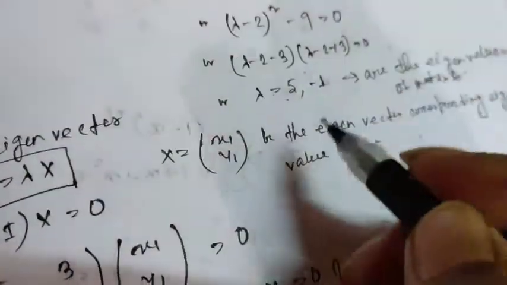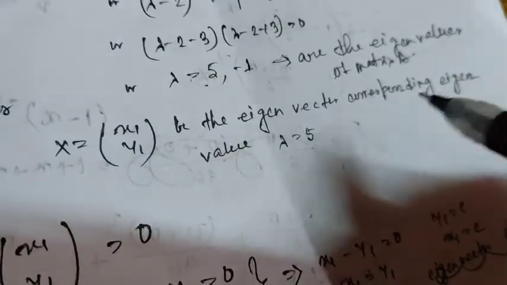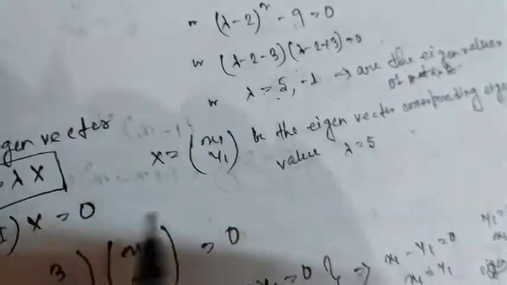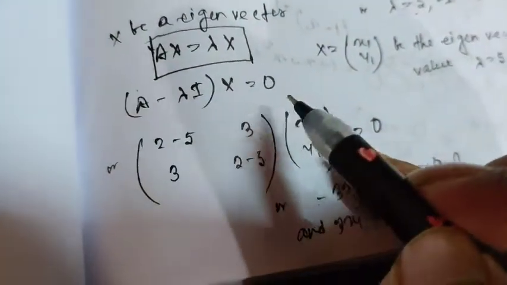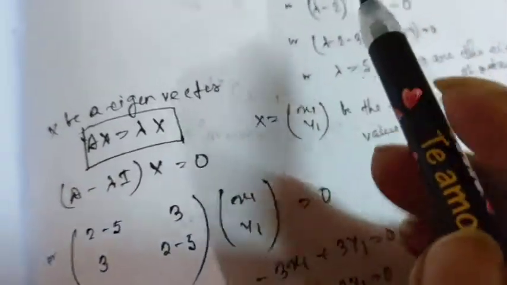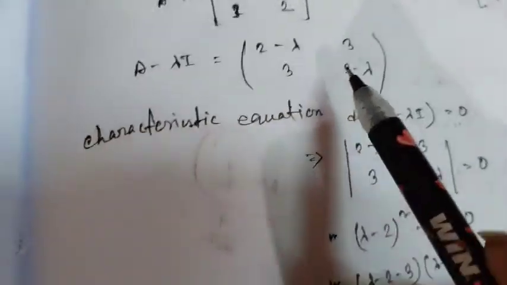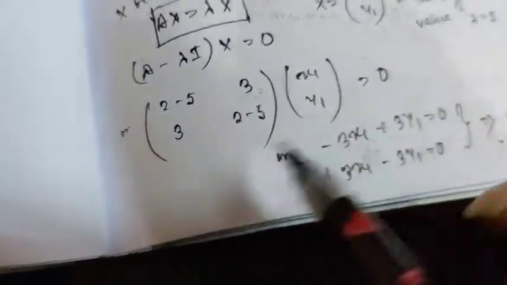Here we take x is equal to [x1; y1] to be the eigenvector corresponding to the eigenvalue lambda is equal to 5. From here we can write (A minus lambda I)x is equal to 0, and if we put lambda is equal to 5 in the characteristic matrix, we get [2 minus 5, 3; 3, 2 minus 5][x1; y1] is equal to 0.